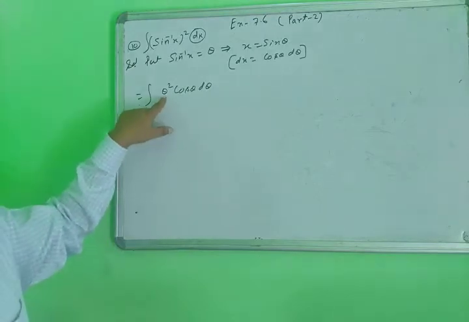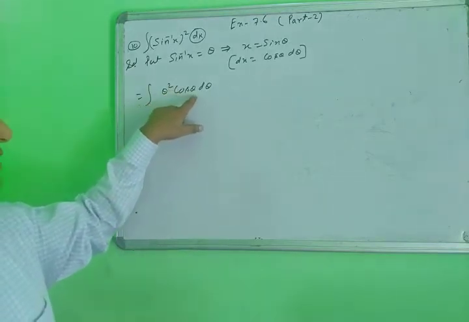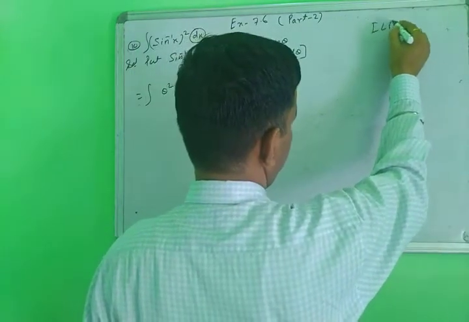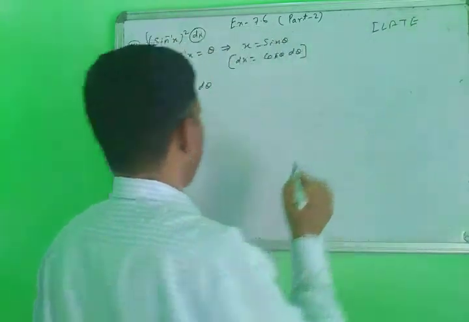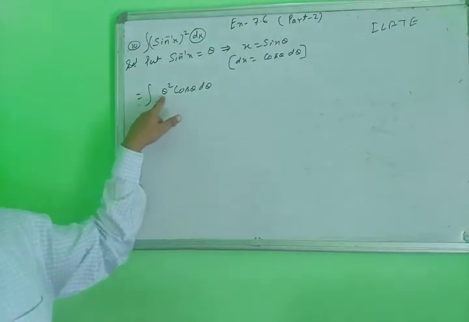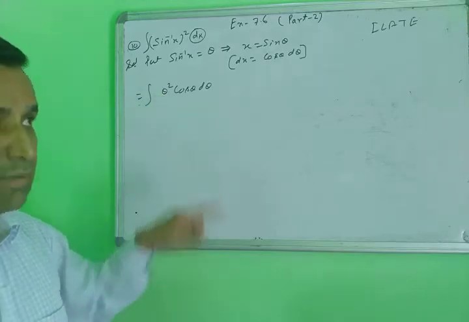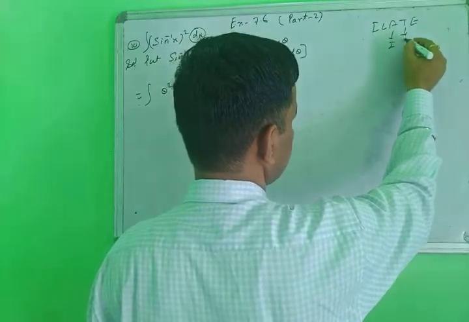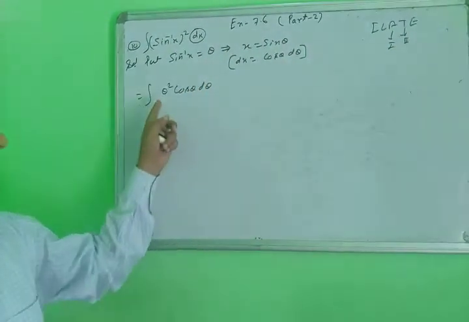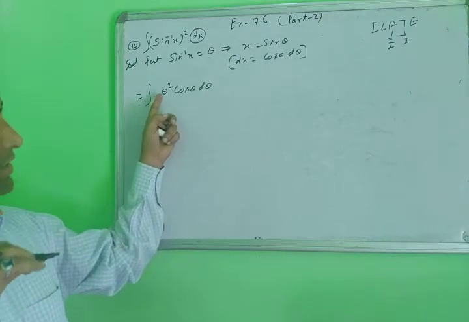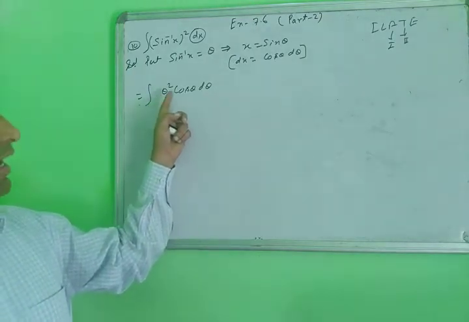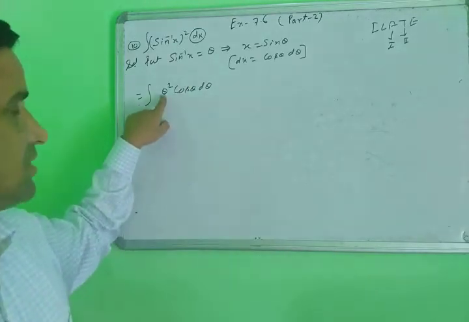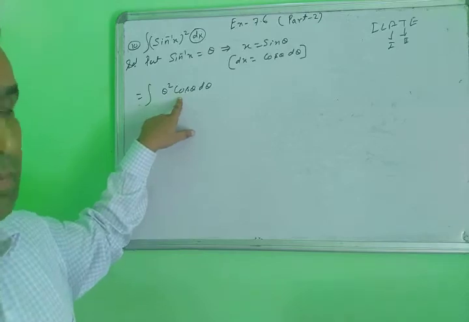Now look here, theta square and cos theta are the two functions according to the ILATE rule. Theta here is not trigonometric; you will use theta as algebraic, and cos theta is the trigonometric function.